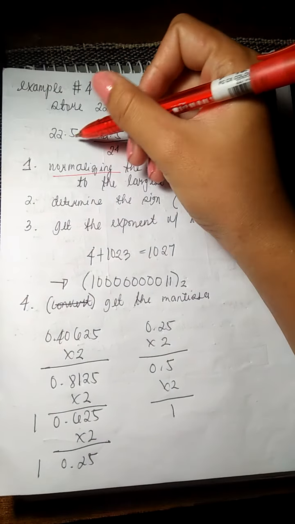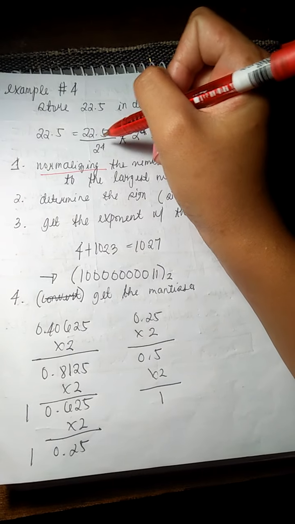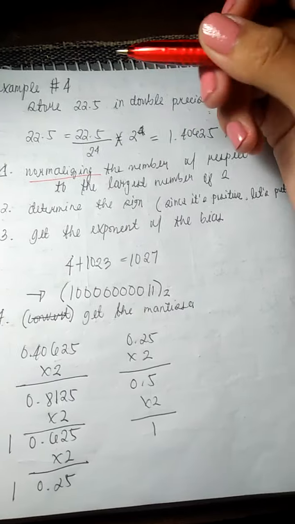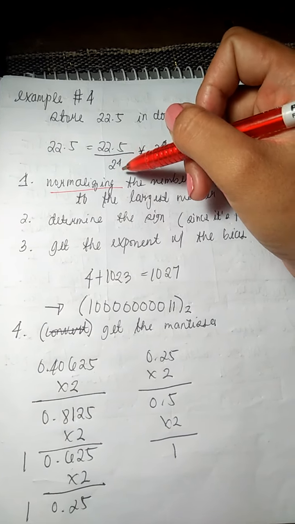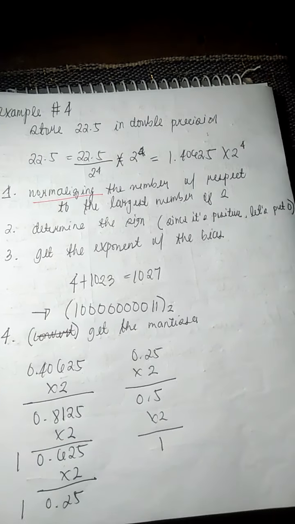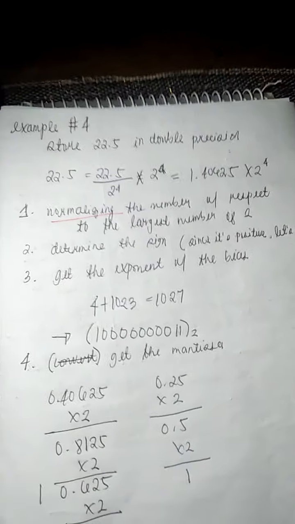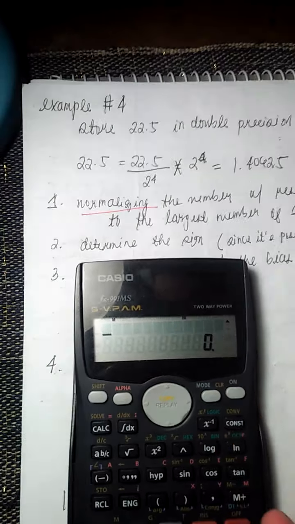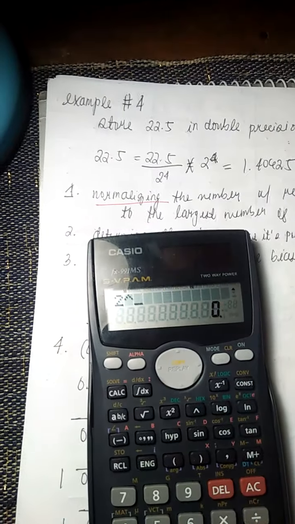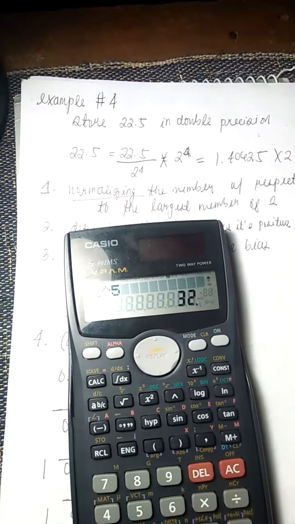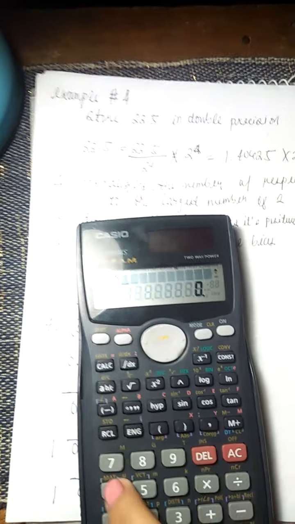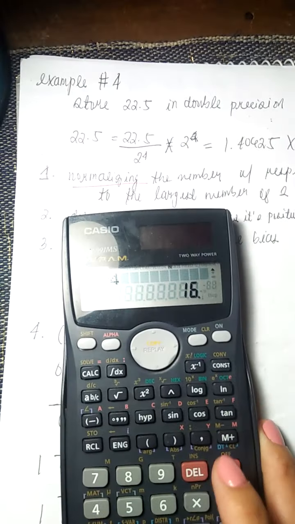The largest power is 2 to the 4, since 2 to the 5 is 32, which is too large, and 2 to the 4 is 16.